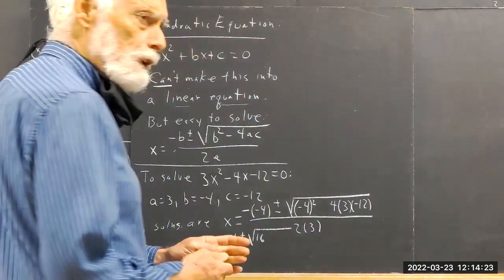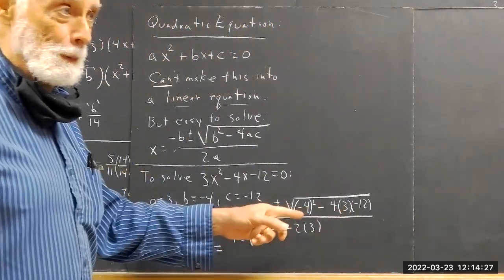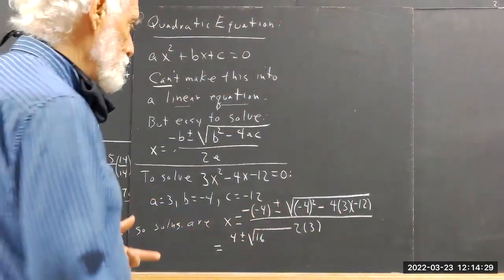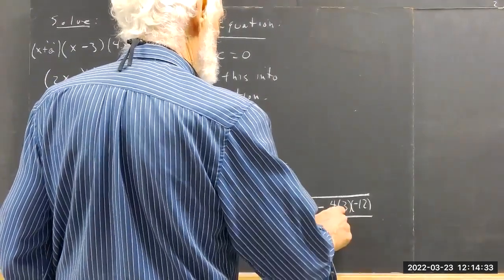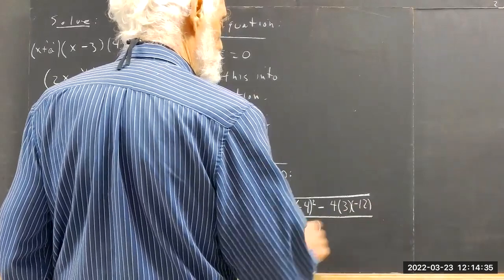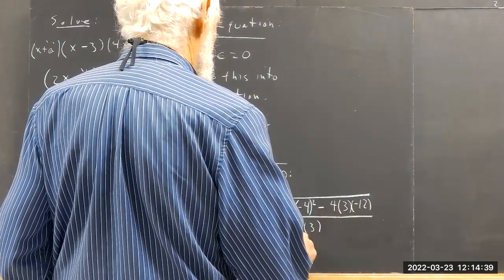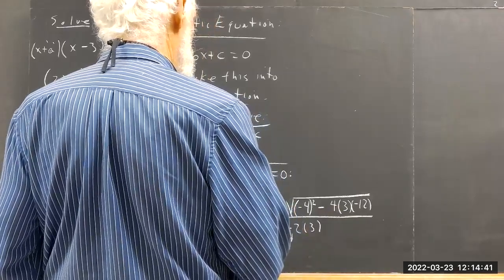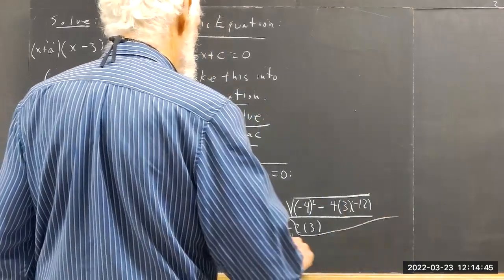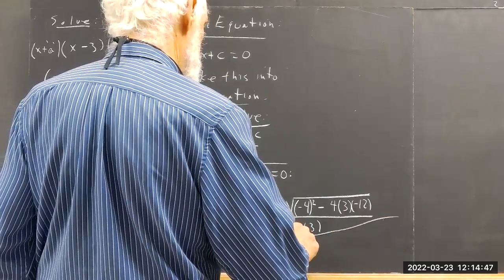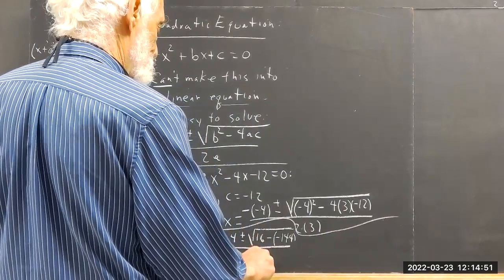You got to respect this loss of brain cells. Got a minus here. And then it's going to be minus 4 times 3 times -12, which is -144. And then 2 times 3 is 6.